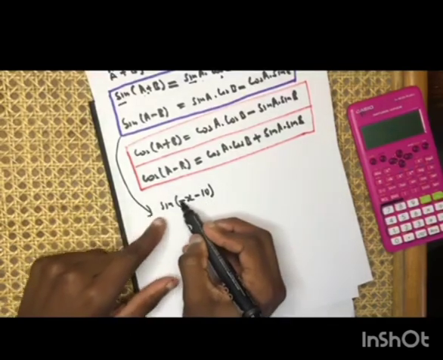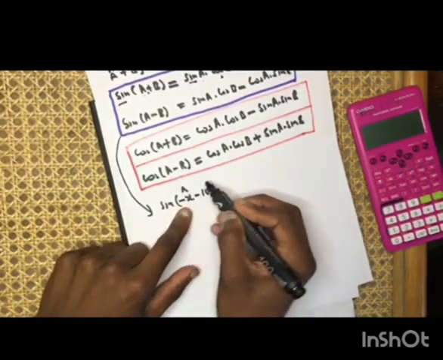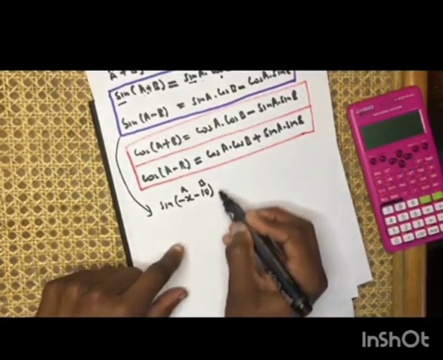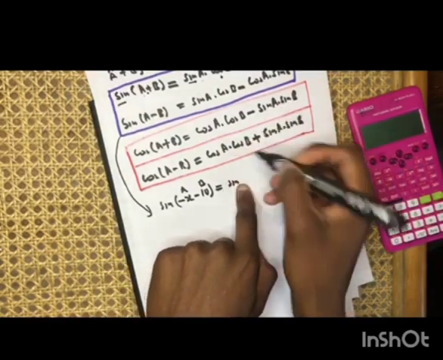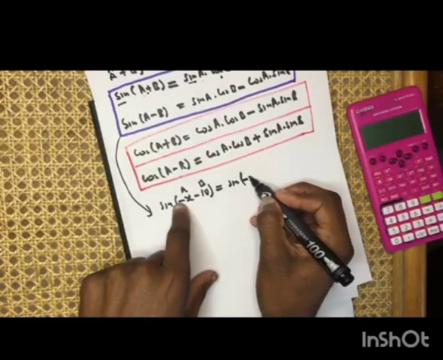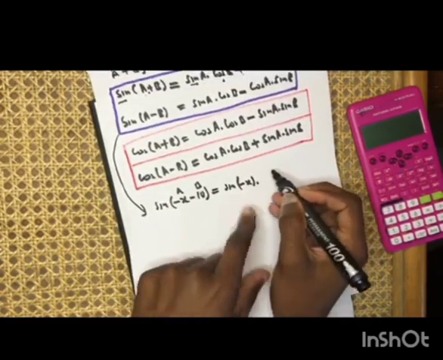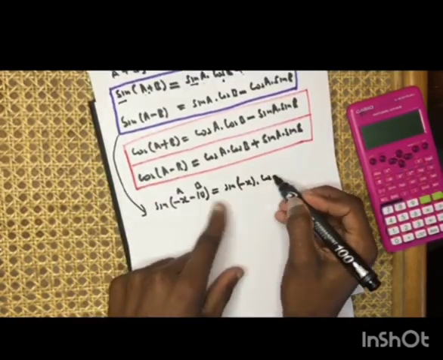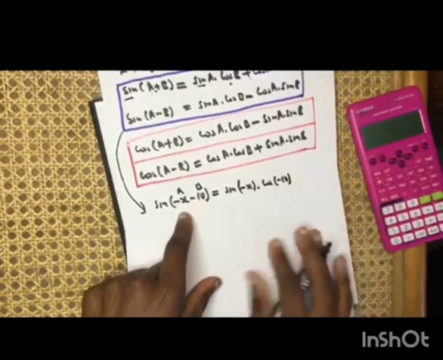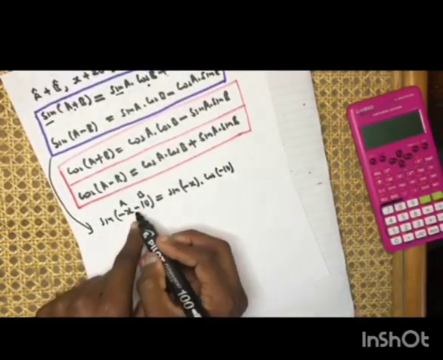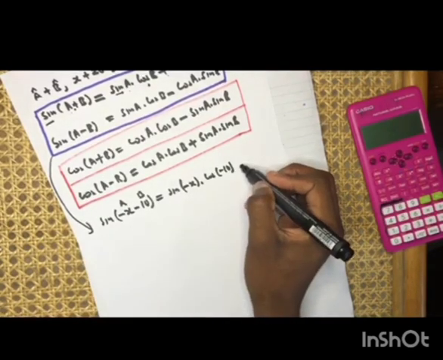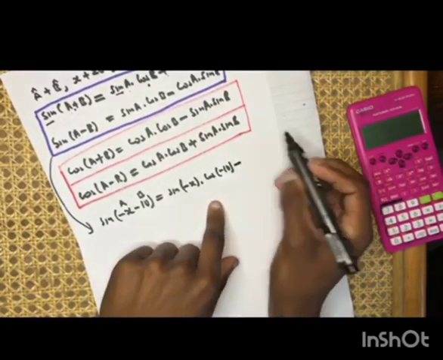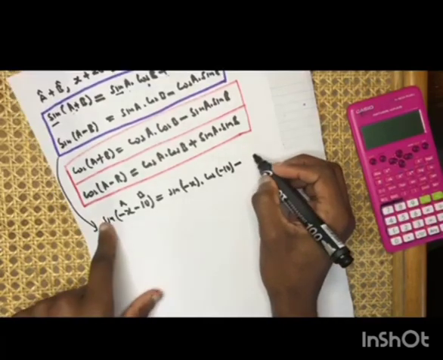I'm going to consider your minus x as my A, and my minus 10 as my B. If I expand this one, I'm going to have sine A, which in this case is minus x, then cos B, which in this case is minus 10. Understand? Sine, guys, keeps the sign. So it's going to be minus, minus what?